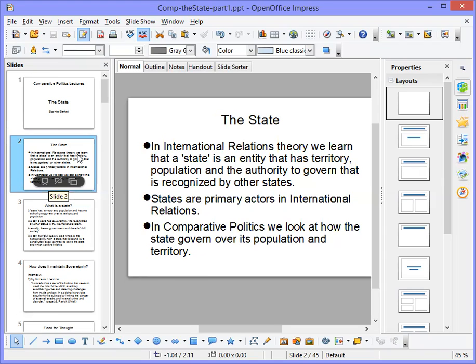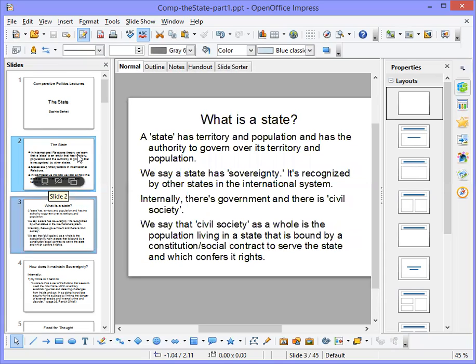And in comparative politics, we look at how the state governs over its population and territory. We're so interested in the authority to govern that we pay special attention to it in comparative politics. What is a state? Again, we covered that.